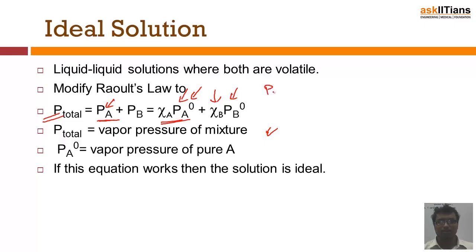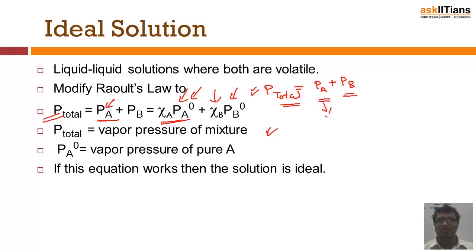So again, I can write P total in a different way. I will call it the partial pressure so that there won't be any confusion. The total vapor pressure of the given mixture is the sum of the partial pressure of A plus the partial pressure of B. This is similar to Dalton's law, right?